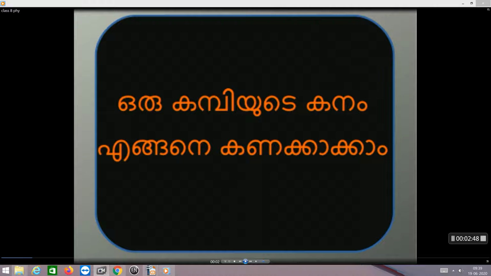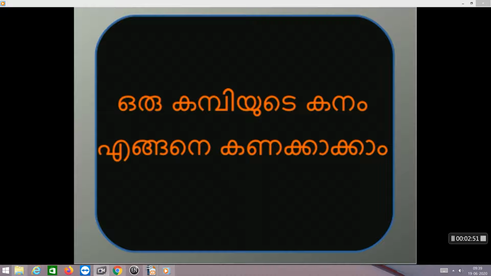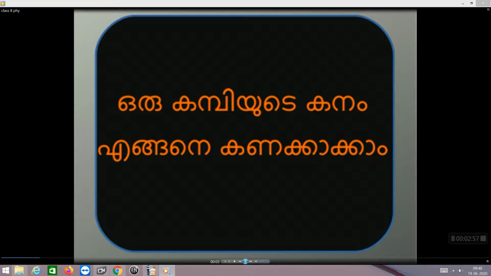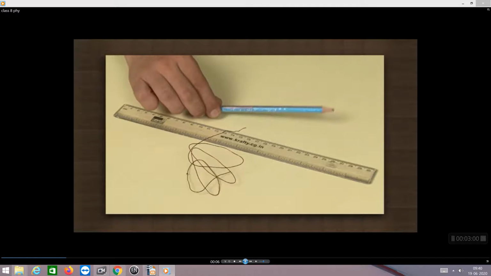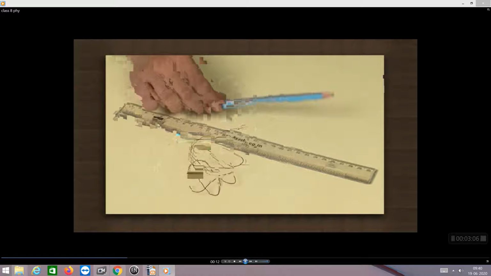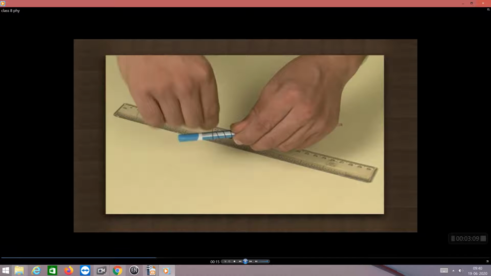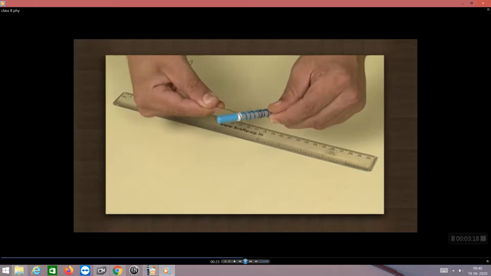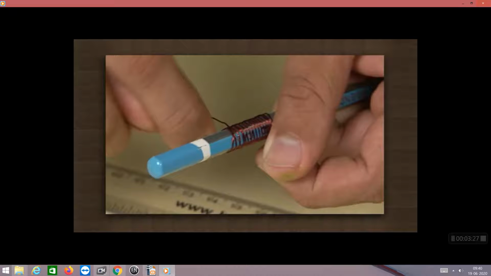Let us see how to find the thickness of a thin metal wire. So look at the video here. Watch the video. See the metal wire, it is wound over a pencil.